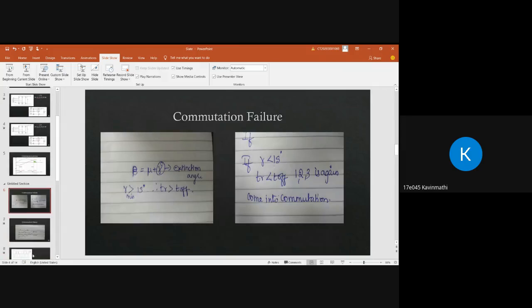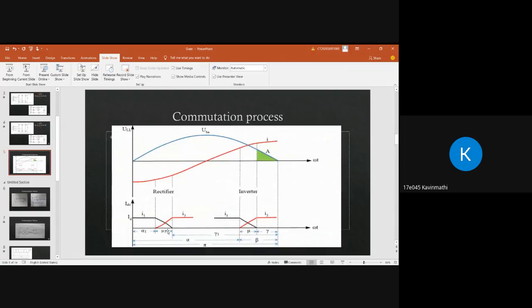Okay, let's see what is the commutation failure and when it occurs. So for perfect commutation, here the gamma should be greater than or equal to 15 degrees. So let's say this is 15 degrees.